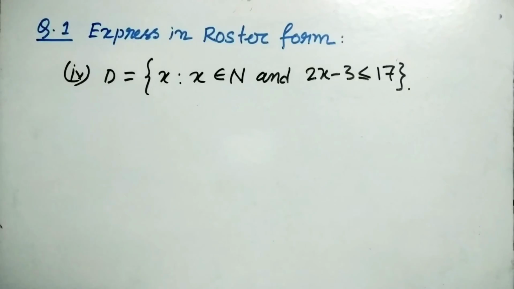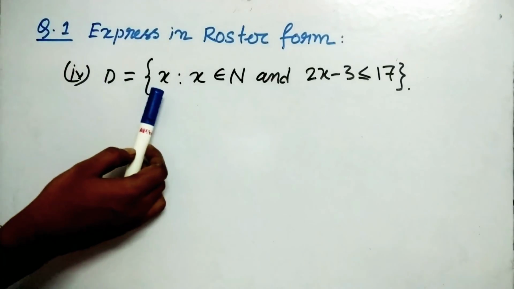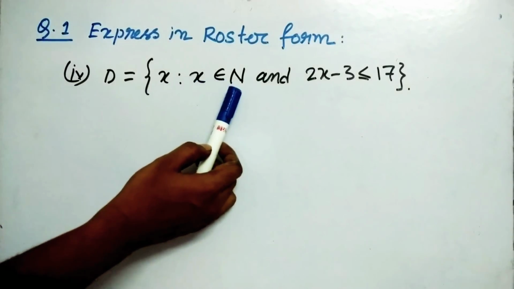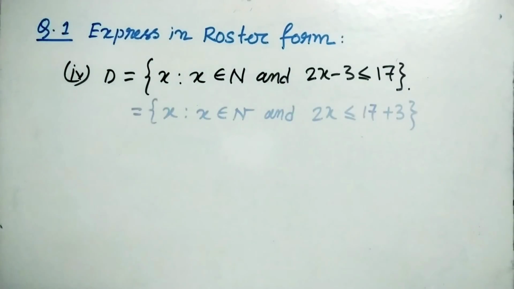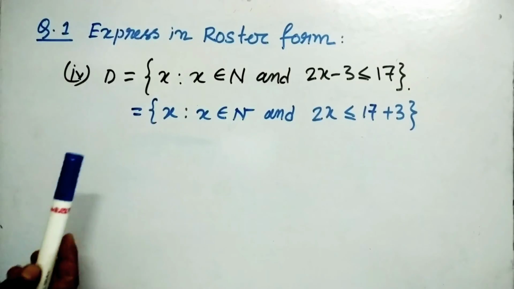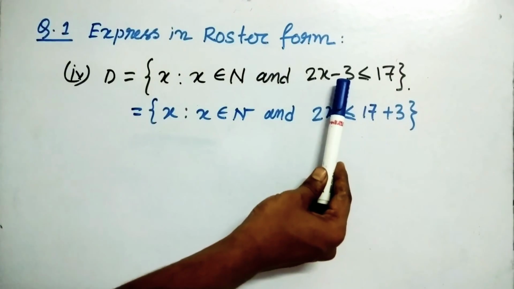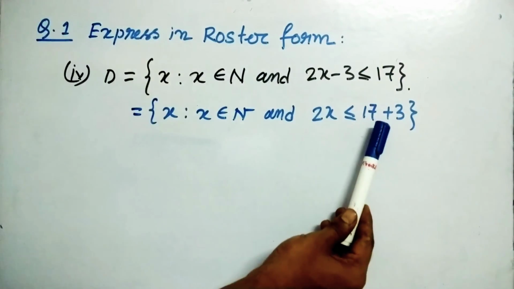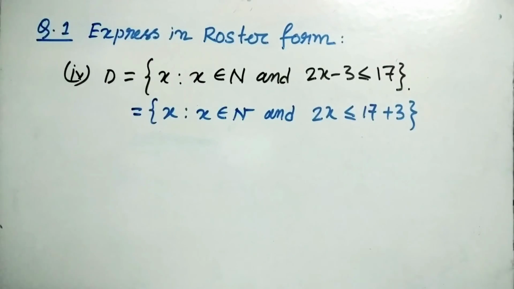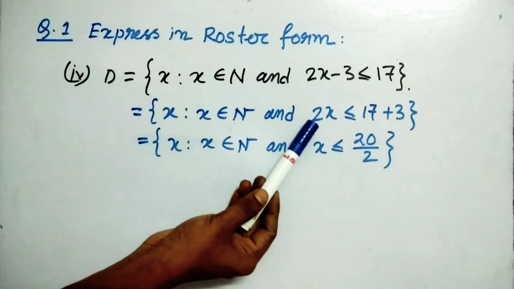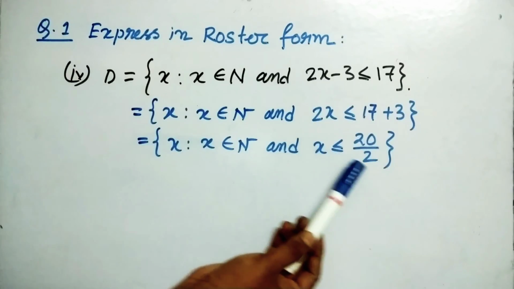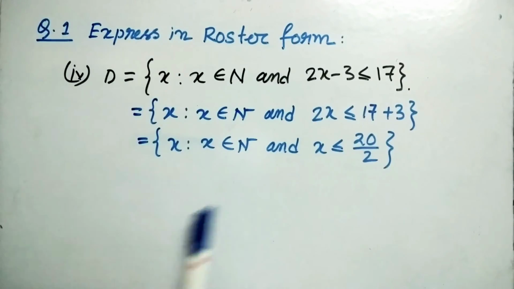Now this problem has become more interesting because T is equal to {x such that x belongs to N and 2x minus 3 is less than 17}. Now in the next line we have done a little change because this minus 3 has been taken to the right side and it has been added with 17. Okay, and therefore 17 plus 3 is 20 and it is 2x, so this 2 will go to the right hand side and it will divide this 20.